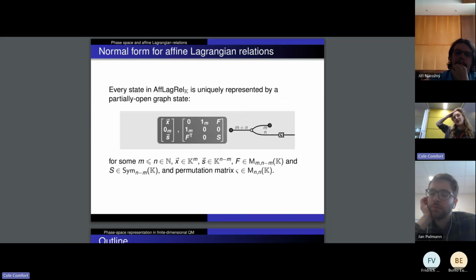So this is one example of the utility of the seemingly complicated construction we've given, is that every affine Lagrangian subspace you can uniquely represent in this way. So you have this affine shift. Basically the idea of the shape of this graph is, as before, this thing expands into a graph, but the first m vertices of the graph are not connected to any outputs.